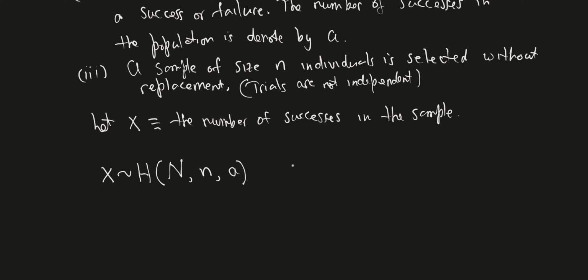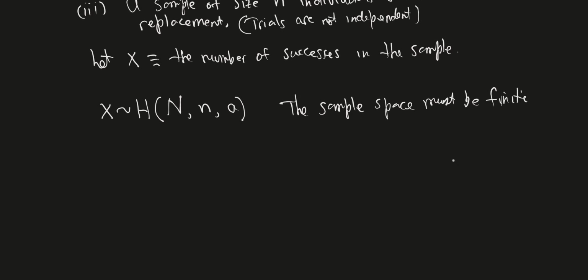We will write down an expression in a little bit that's more complicated than what we've written before. But what we can say is the sample space must be finite, because any subset of something finite must also be finite.